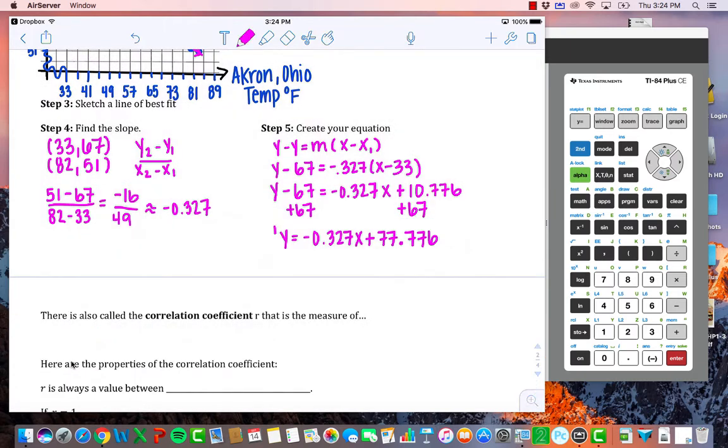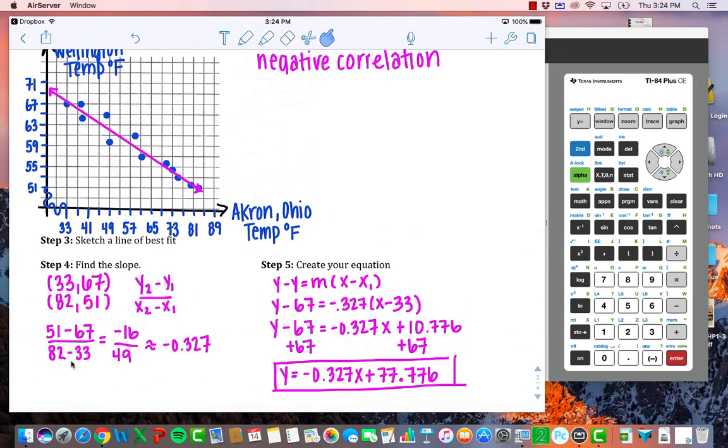And this is the equation of the line of best fit I picked. Now, sometimes we'll use that equation to predict future data, but for right now we were just practicing deciding what correlation we graphed, making a scatter plot, finding the slope based on 2 points, and then turning that into an equation.